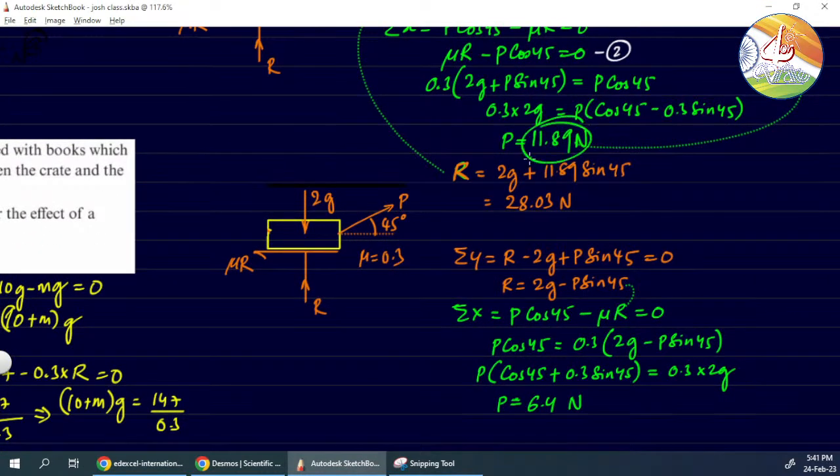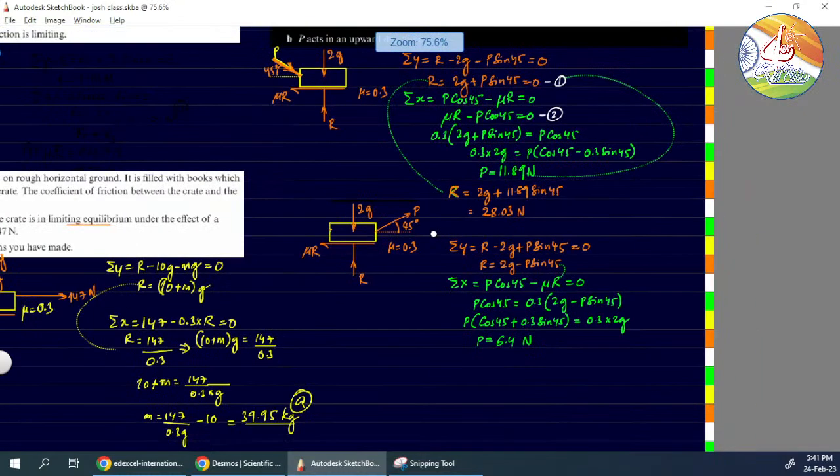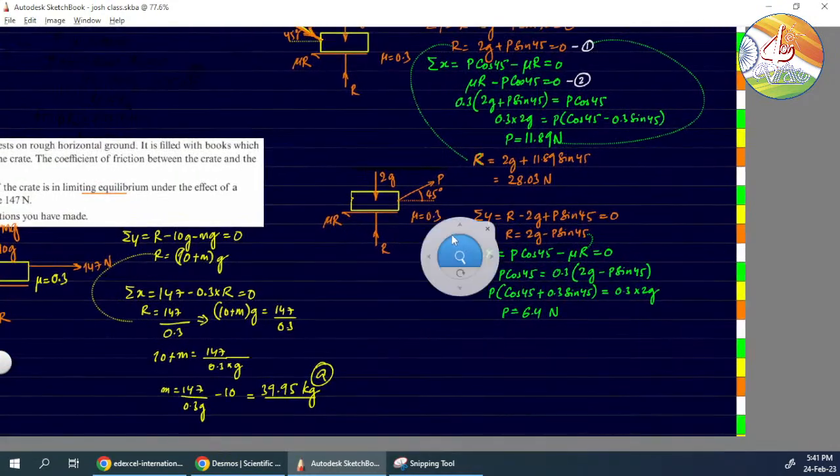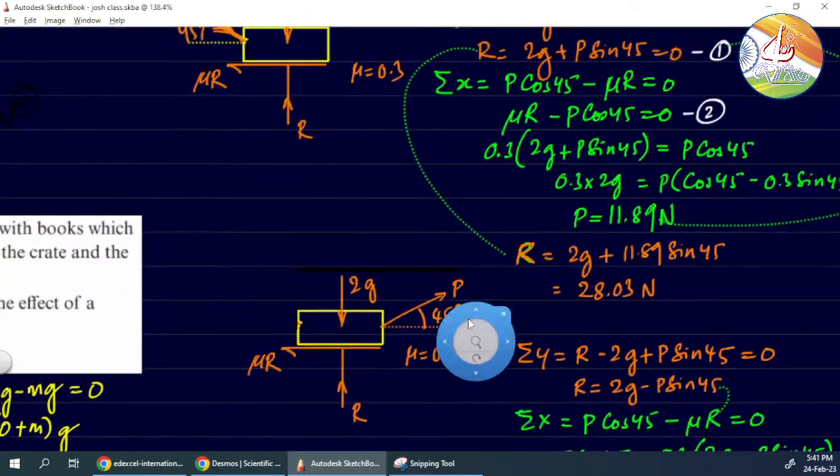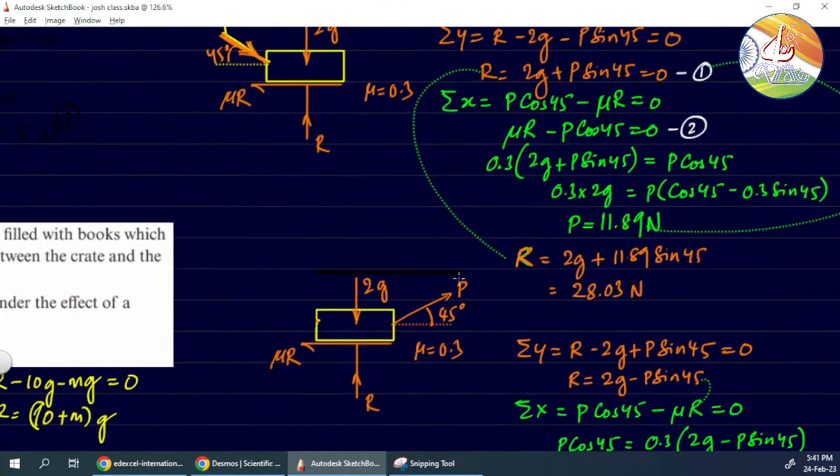Look at the difference in P required. Here it is 11.89, here it is 6.4. Almost double. If you are pushing an object downwards, more force is required, and when you are pulling it upwards, less. If you are asked the reason, what will be the reason? Because friction will be more.